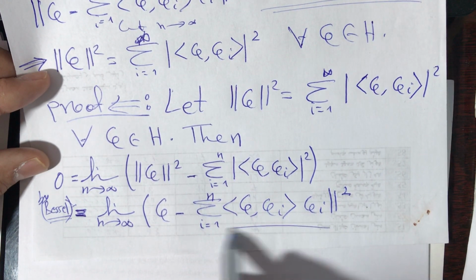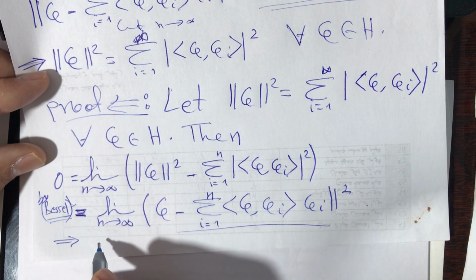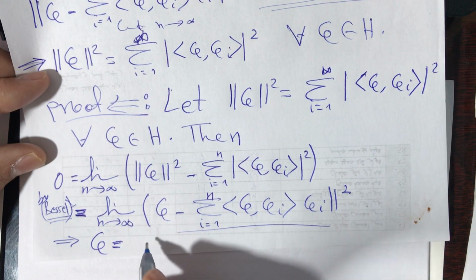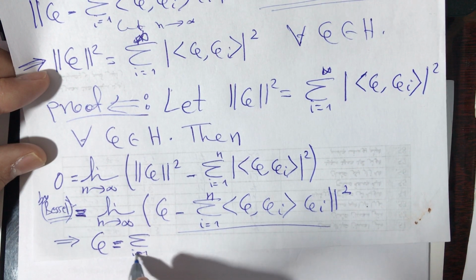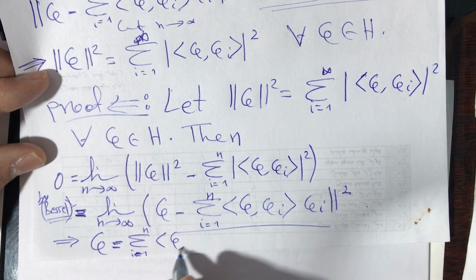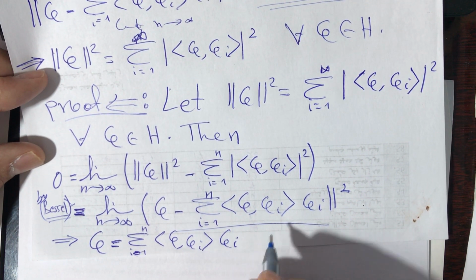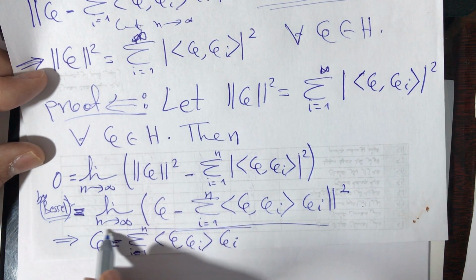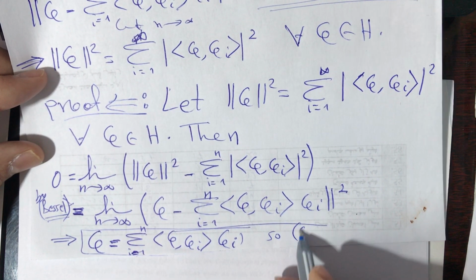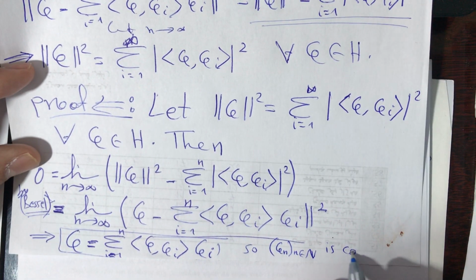So this is equal to 0. This implies phi is equal to the summation i from 1 to infinity of the inner product of phi and phi i times phi i. This is equal to this. So phi n, n belongs to the natural numbers, is complete.